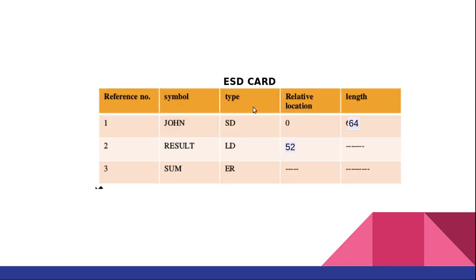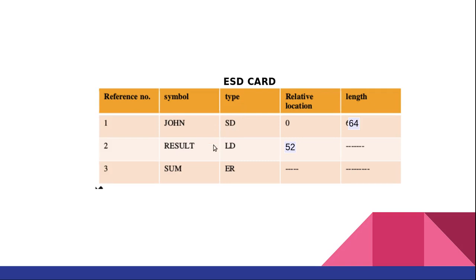Now we have the ESD card. ESD card means what? It is the external symbol dictionary card. It contains the information about all the symbols declared using the extern and entry pseudo opcodes.